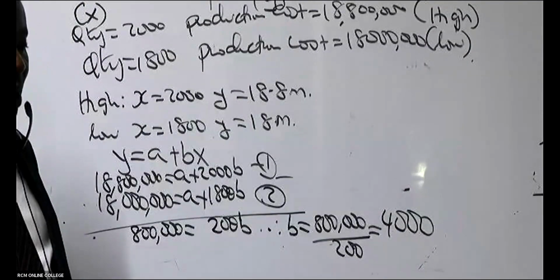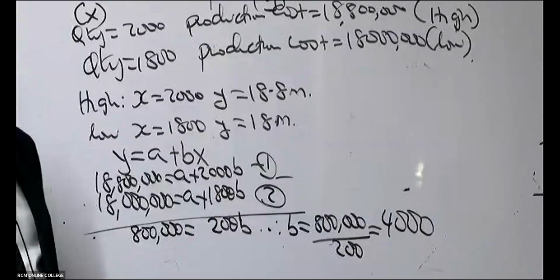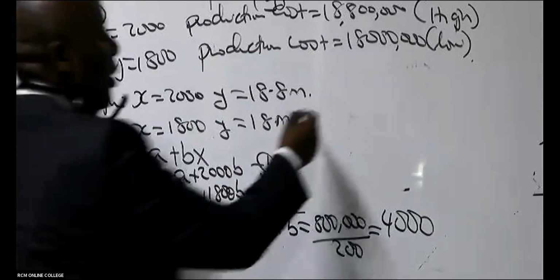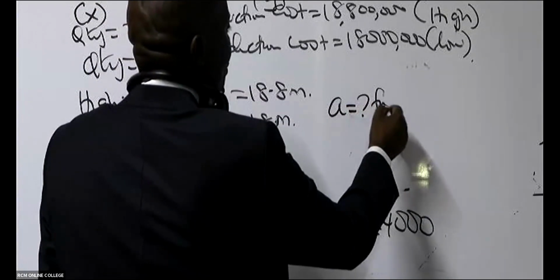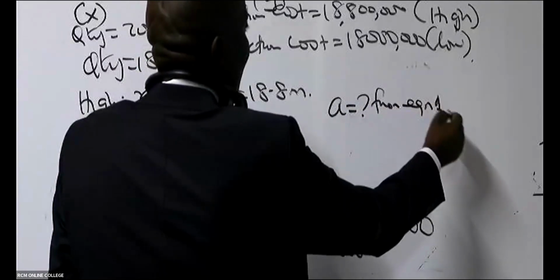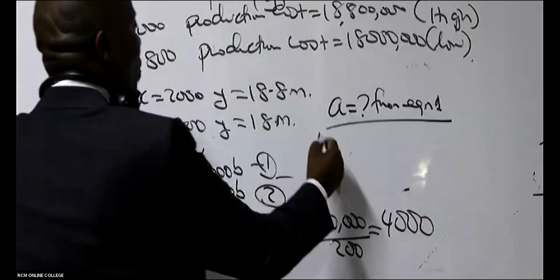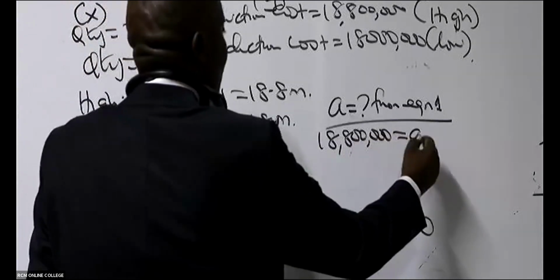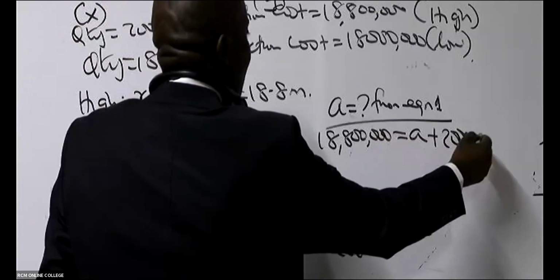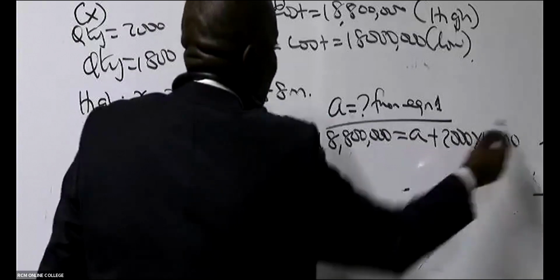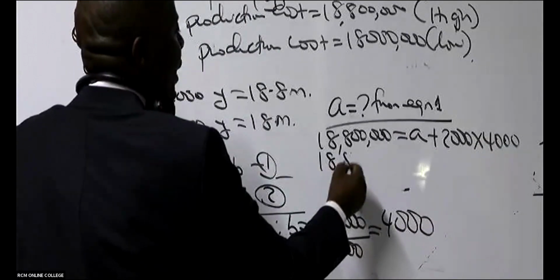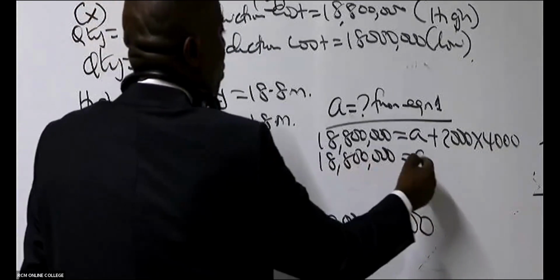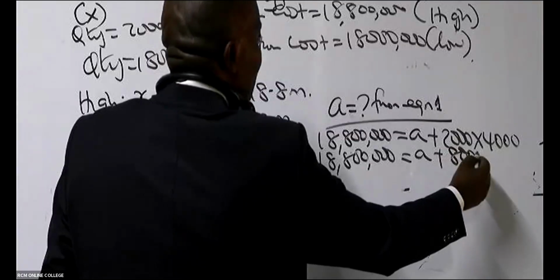Then go ahead and give us the value of A. So what is A from equation 1? So the value of A from equation 1, we have 18,800,000 equals A plus 2,000 times B, which is 4,000. So this is 18,800,000 equals A plus 8 million.